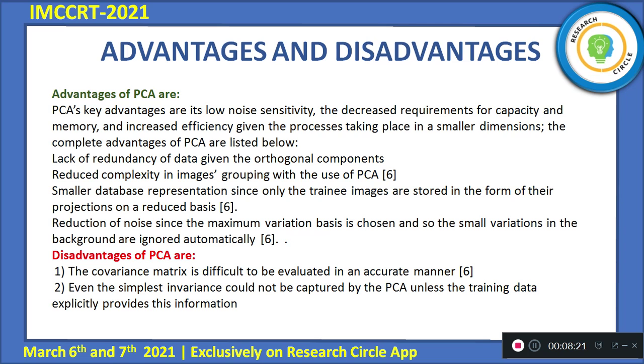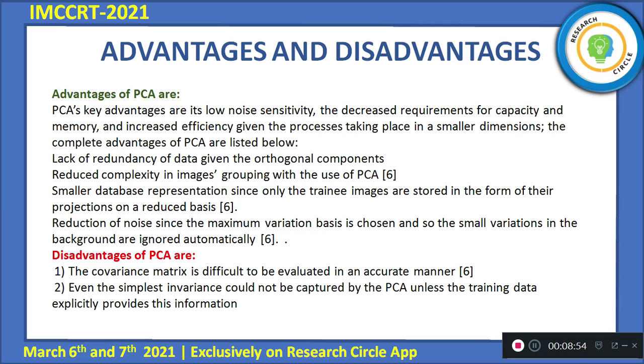Lack of redundancy of data given the orthogonal components, reduced complexity in image grouping with the use of PCA, smaller database representation since only the trainee images are stored in the form of their projection on reduced basis, reduction of noise since the maximum variation basis is chosen, and so the small variation in the background are ignored automatically.